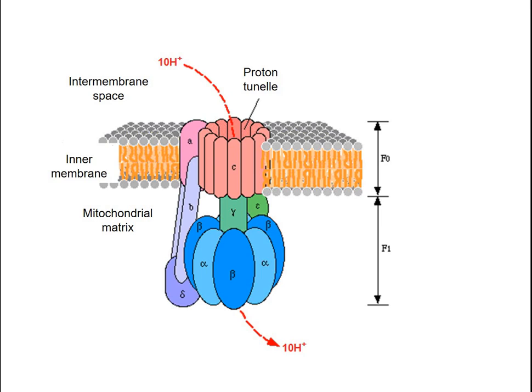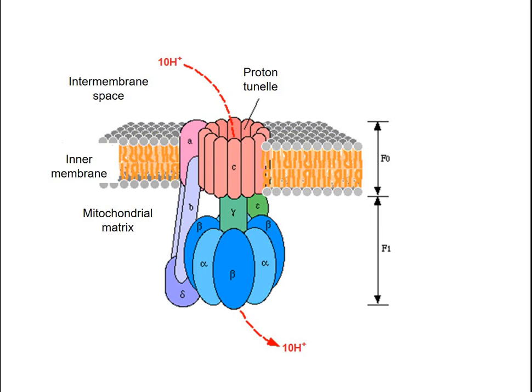When the sum of gradient and electrical and chemical potential reaches 0.2 volt, the proton channel will open inside the oligomycin dependent subunit.